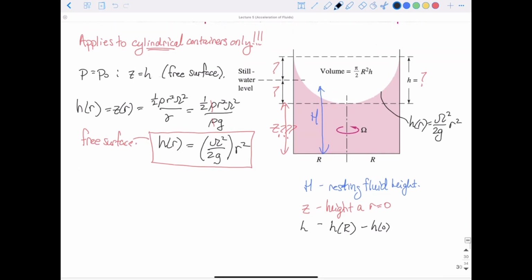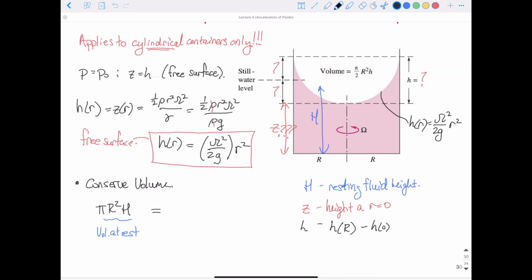So for a fluid in the container, we'll conserve the volume. The total volume before, when it's at rest, has to equal the volume when we have acceleration. So the total volume before is equal to pi times r squared H. That's the volume at rest. And this must be equal to the volume afterwards.